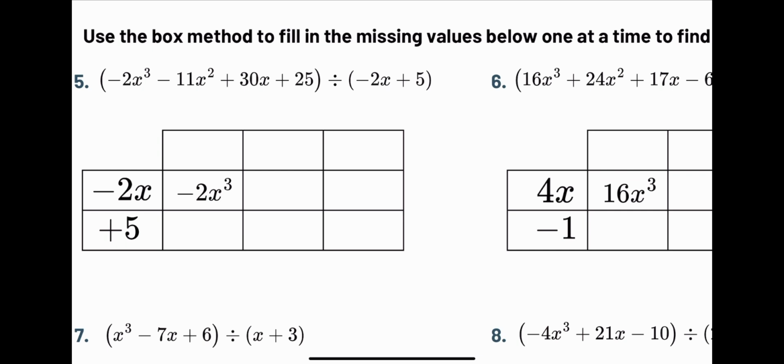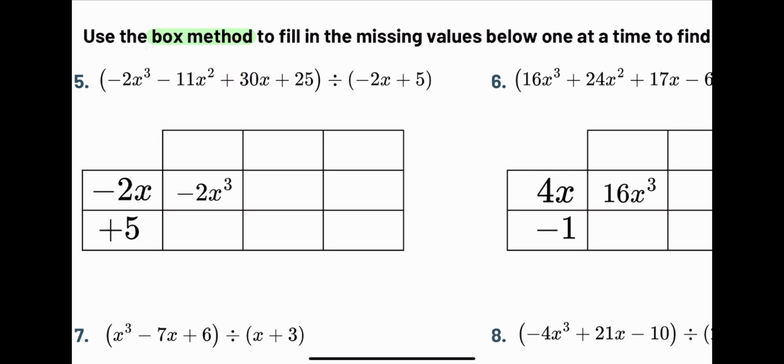A question like that is often going to be a little difficult to solve, but if you learn the box method, it will be easier for you to solve. So again, a question like that would be, here's the divisor, here's the quotient, right? But what was the dividend?